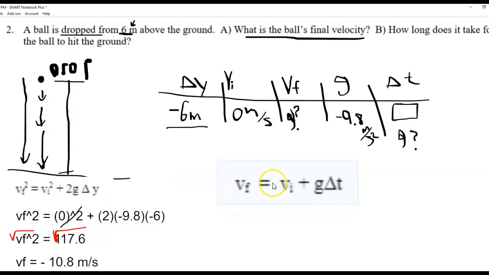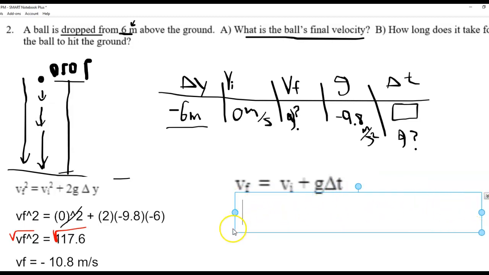And plugging into that formula isn't very different than what we've done in the past. But again, if you didn't put negative 10.8, you would get an incorrect answer for your next step. So be careful with those signs. The initial velocity was 0, so that's going to be 0 there. Gravity is negative 9.8. And then we are looking for time.